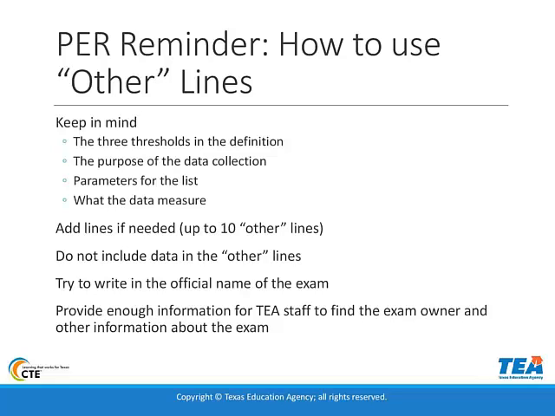And sometimes we'll see people who will put 6 or 8 different certifications on that one line. Don't do that. If you put one of them in and you hit return, it will add a new line. And you can get up to 10 lines that way. So you can put up to 10 licenses and certifications that you think meet that definition.